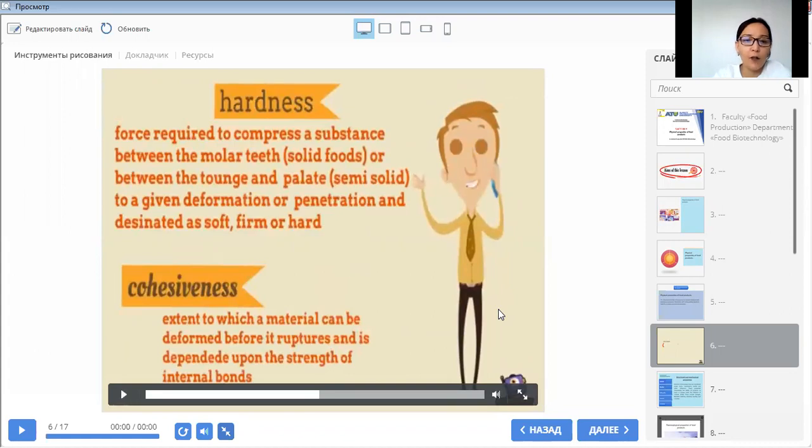Hardness is the force required to compress a substance between the molars for solid foods, or between the tongue and the palate for semi-solid, to give deformation or penetration, and it is described as soft, firm, or hard.